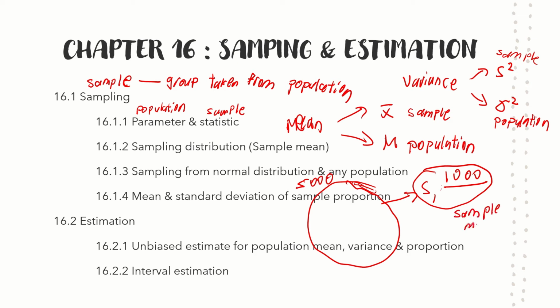So if we want to calculate the mean of the sample, we have to use x bar, not mu. Same concept applies in variance. If we want to find the variance of the sample, we have to use S squared as the symbol, not sigma squared. Sigma squared is for the population one.